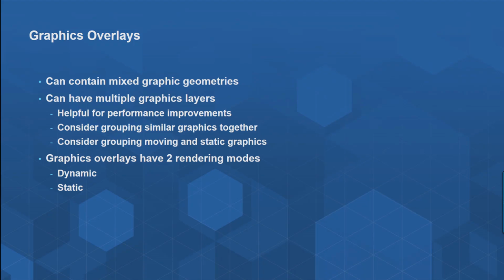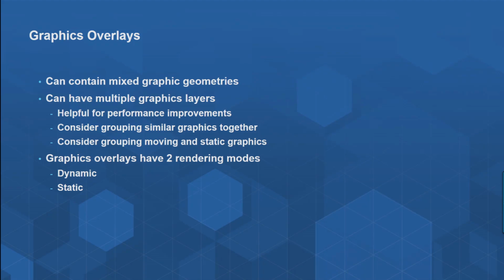I acknowledged at the beginning that it is possible to have graphics overlays with mixed geometries. So you can throw in all your points and all your lines and all your polygons and try to move them around, but that's not been particularly kind to your graphics overlays.